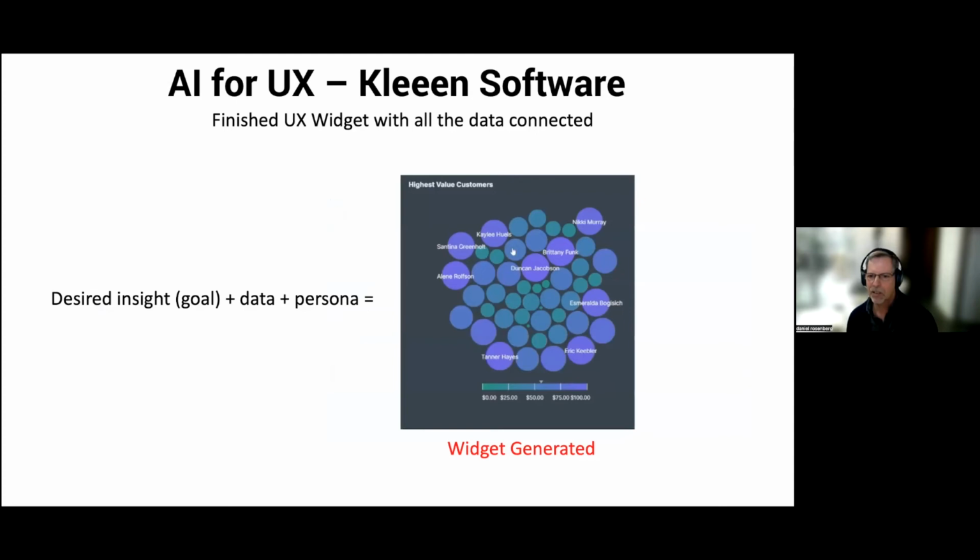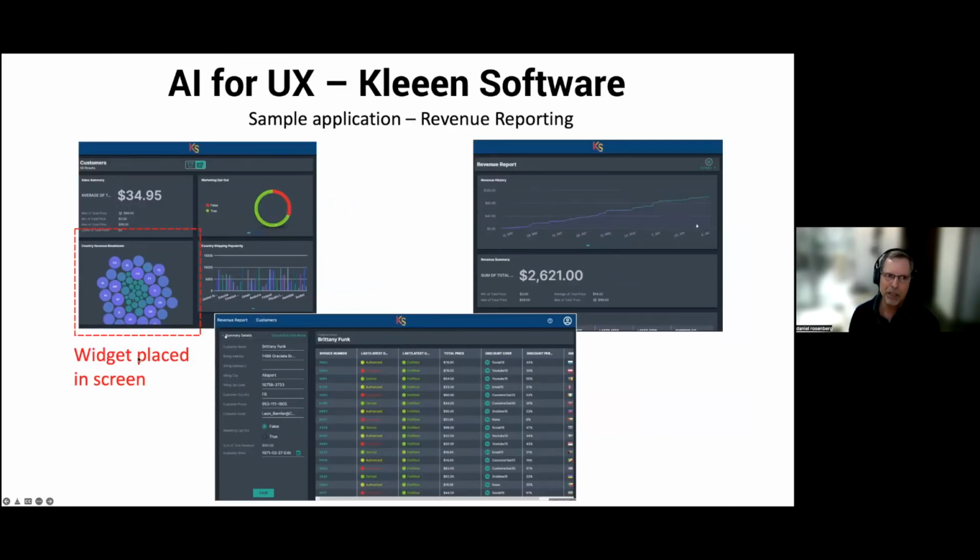And in this case, if I basically explain what my desired insight is and what data and what persona, it would generate this bubble chart graphical widget as being appropriate to the persona and sufficient to reach the goal. And then, of course, that widget would be put into one or more of the overall screens.